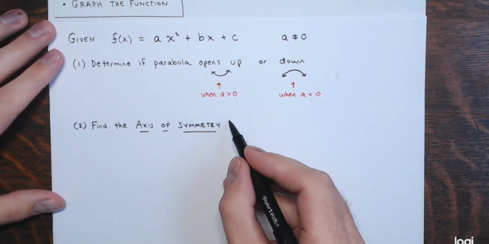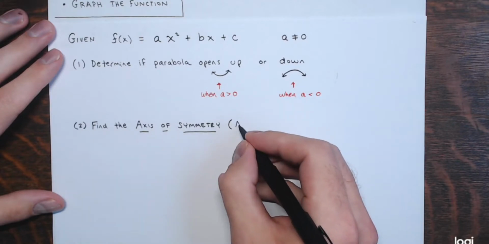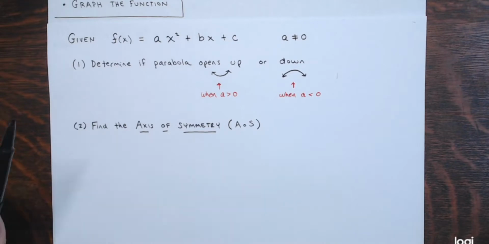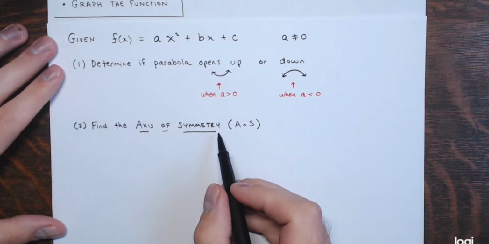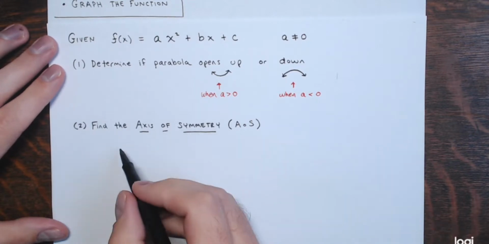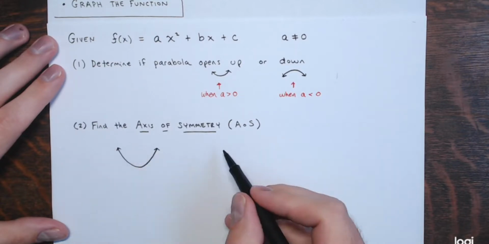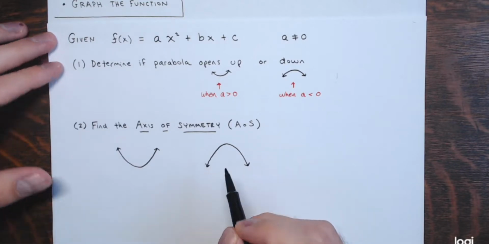For the rest of this video, I'm going to abbreviate axis of symmetry as AOS, like this. This is going to be a vertical line that cuts the parabola in half, if you want to think about it that way. Remember, no matter which way it's opening, up or down, it's going to have this axis of symmetry.